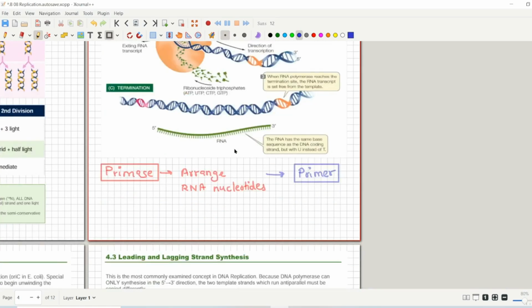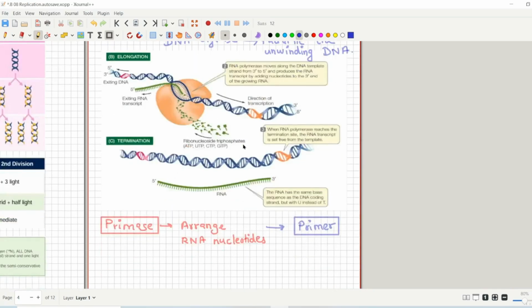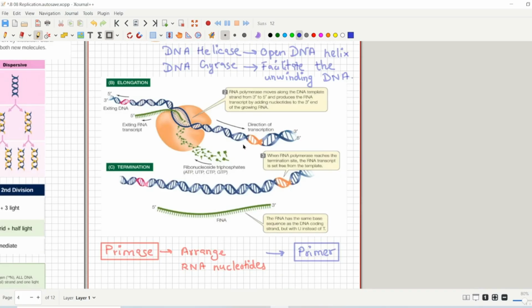So first of all, you have to know what a primer is, right? Primer is an arrangement that is present on the starting site. But you have to know another thing. Primase and DNA helicase actually work together in the form of a complex, and they are called primosomes. So you have studied DNA helicase and primase. Both DNA helicase and primase form together, and they are called primosome.